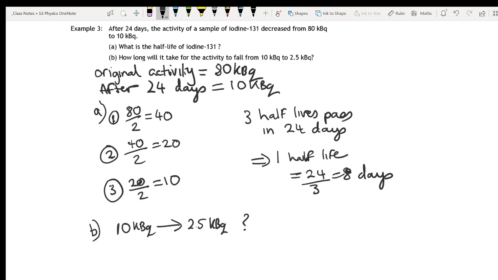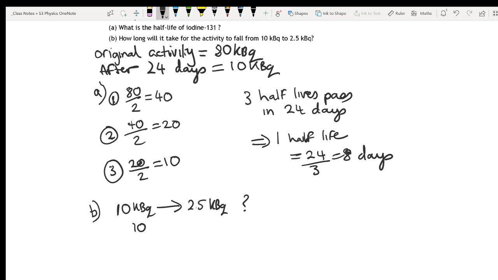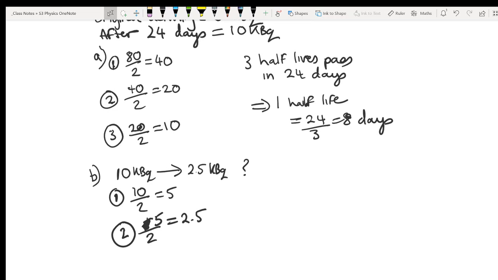That's how many half-lives there are. 1 half-life is 8 days. 10 divided by 2 is 5, that's 1 half-life. 5 divided by 2 is 2.5. So only 2 half-lives have passed. So 2 times 8, 16 days.